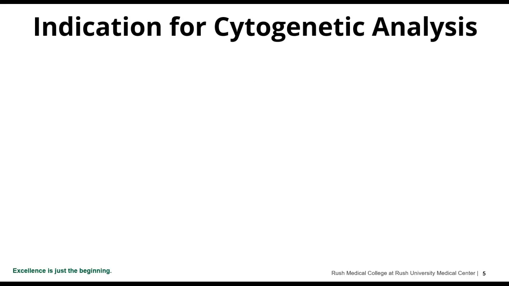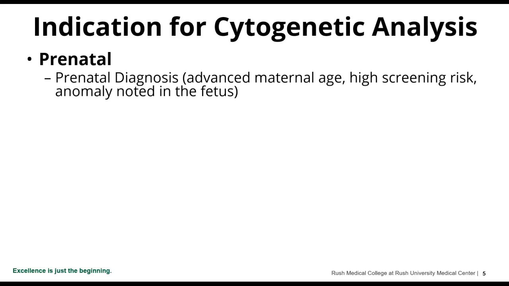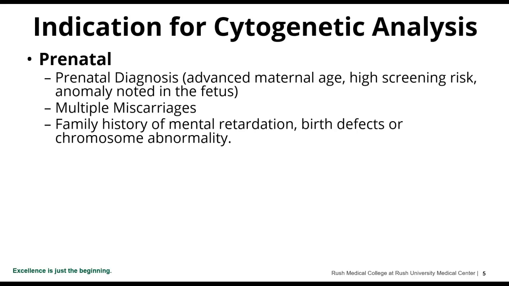So why would you look at someone's chromosomes? One is prenatal. Prenatal diagnosis, advanced maternal age, high screening risks, or an anomaly in the fetus. I have another lecture for this particular case on prenatal, and we'll talk about that more. Multiple pregnancy losses. Have these two parents had multiple pregnancy losses?